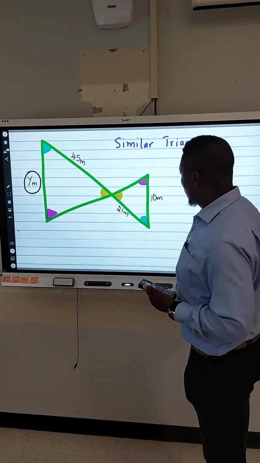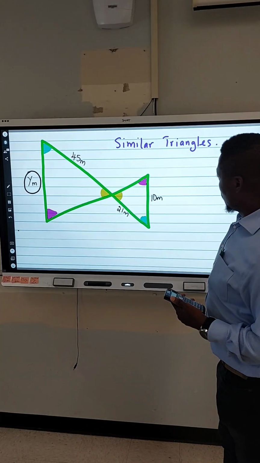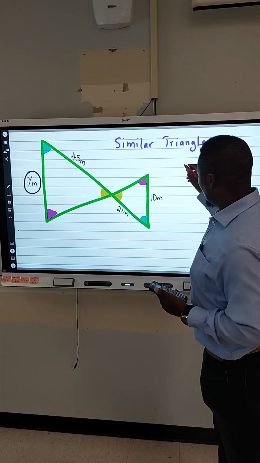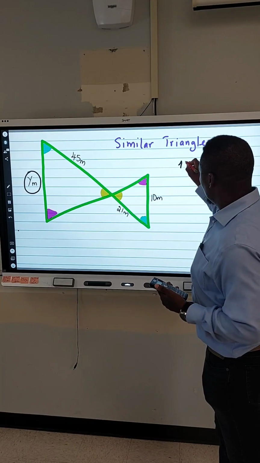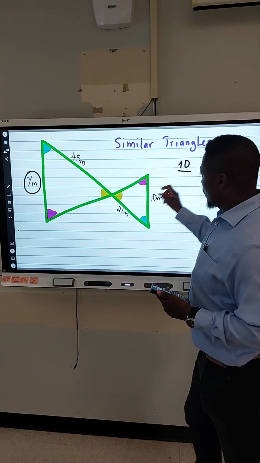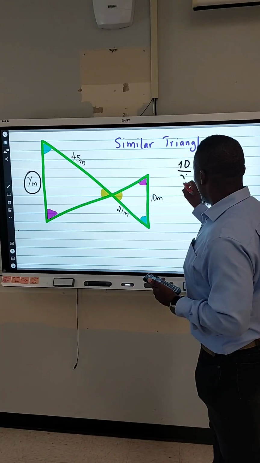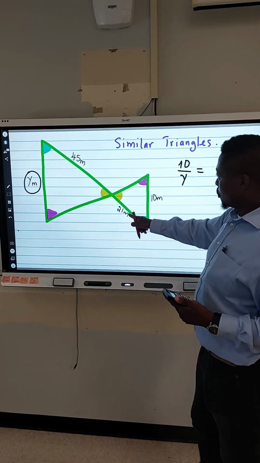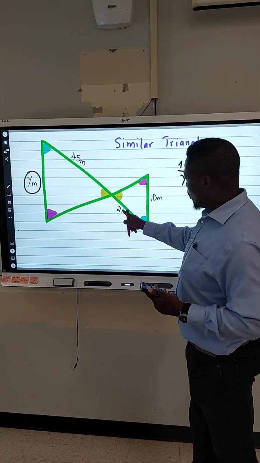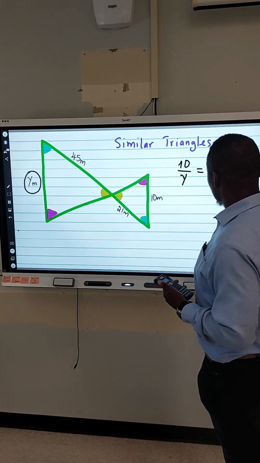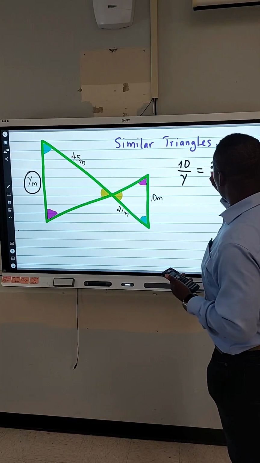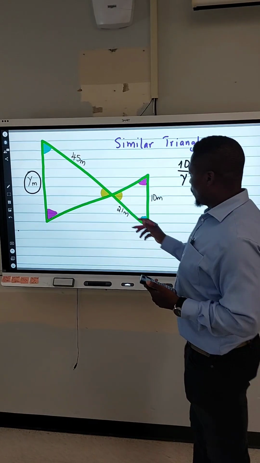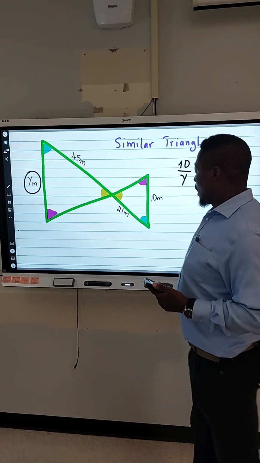Corresponding sides: this height here corresponds to that height. If we start with the smaller triangle, then we have 10 divided by y equals 21 divided by 45.